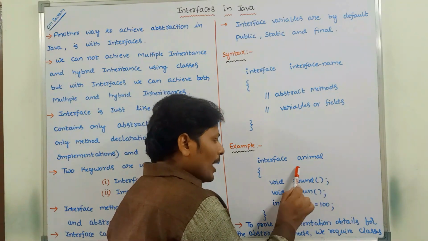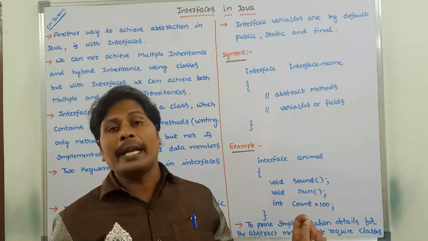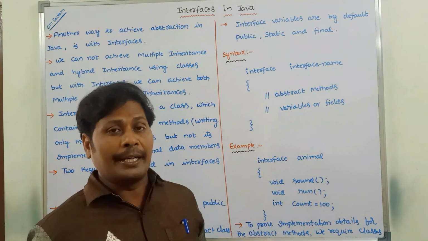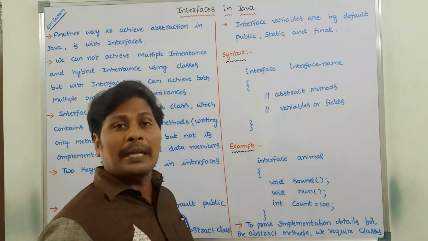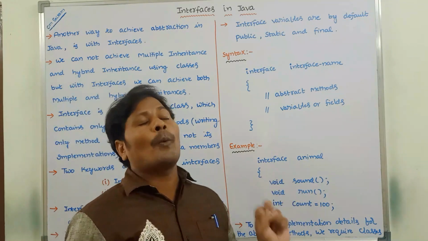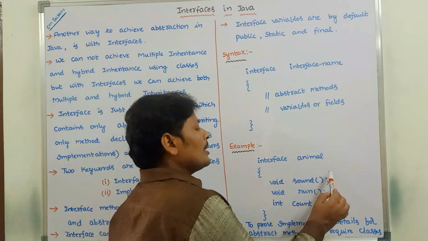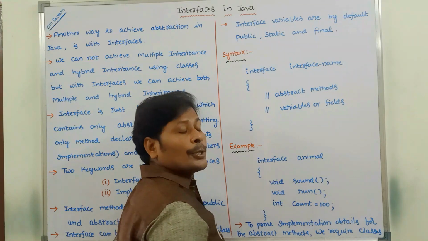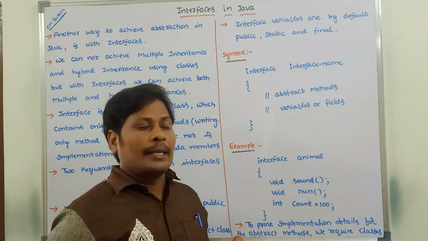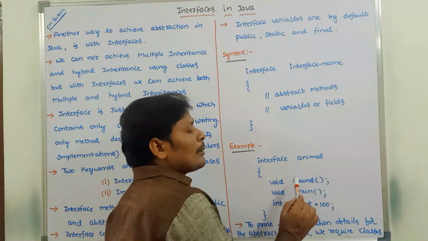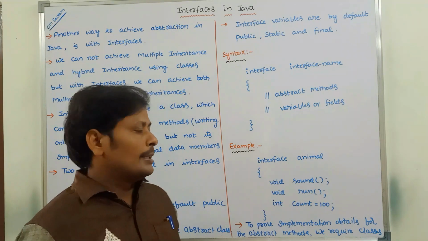Here we are only declaring the method, but not providing any implementation. Run is also a method, but we are not providing any implementation. Because of that, we can say that these two methods are called abstract methods. These methods are by default abstract and public.